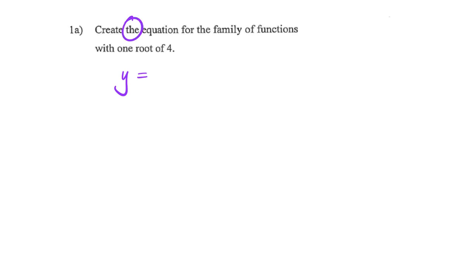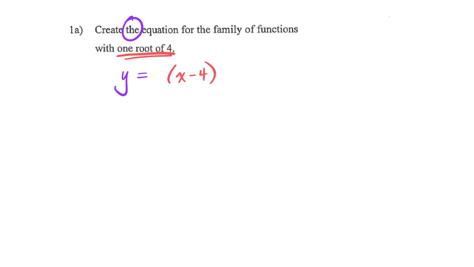So I might just go, no thought, outputs are y. There's my y equals. Well, if I'm told that my equation has one root of 4, then it's important for me to know that that root of 4 must have come from a factor of x minus 4.